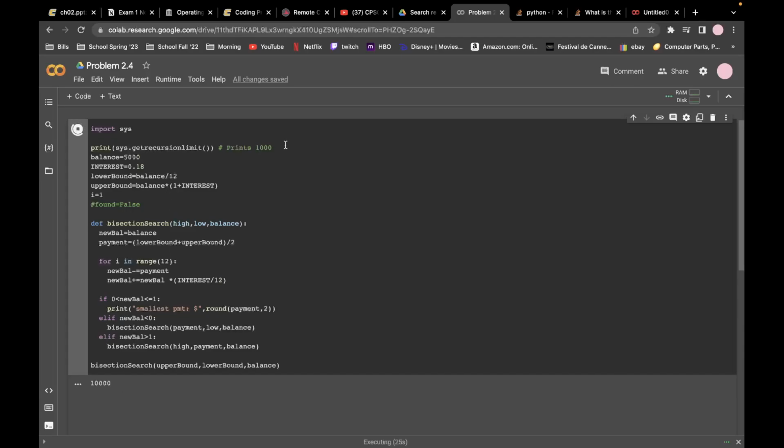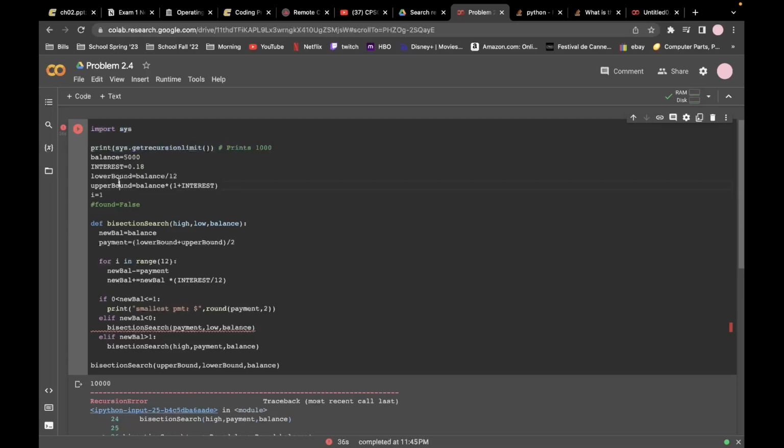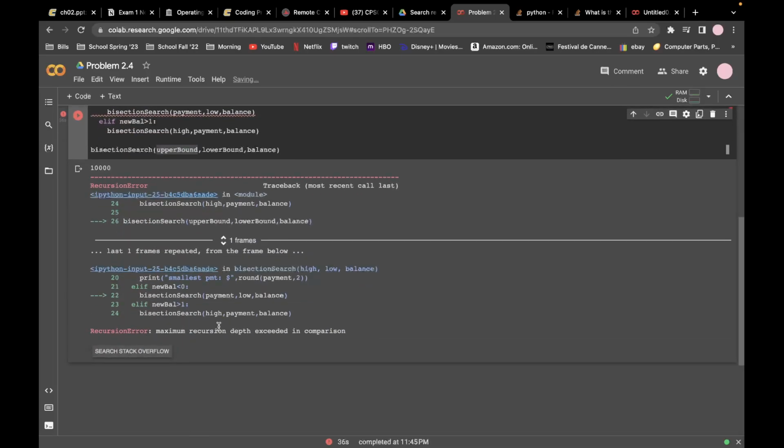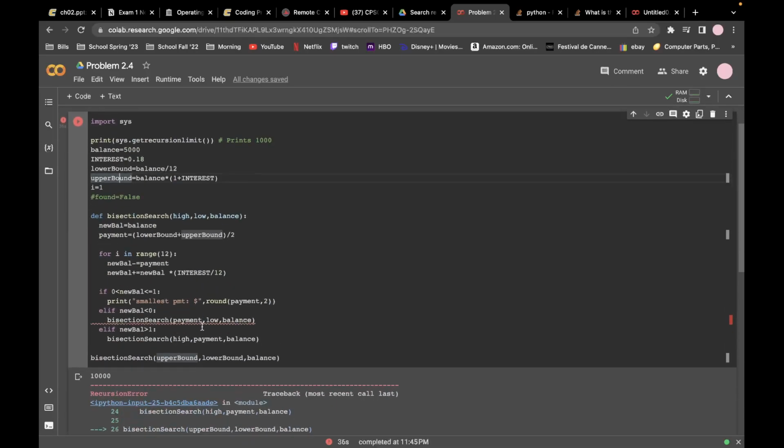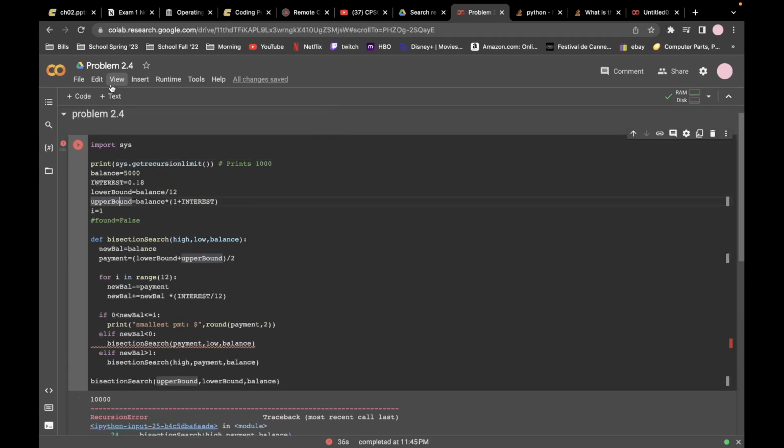Oh yeah, I reset the recursion limit before, and it didn't fix the issue, so I'm not so sure what to do here. Anyways, this code logically makes sense. I don't know why it's not compiling. But I'm just gonna turn it in like this.